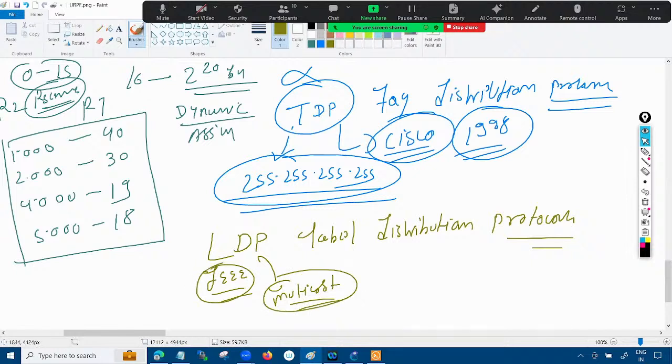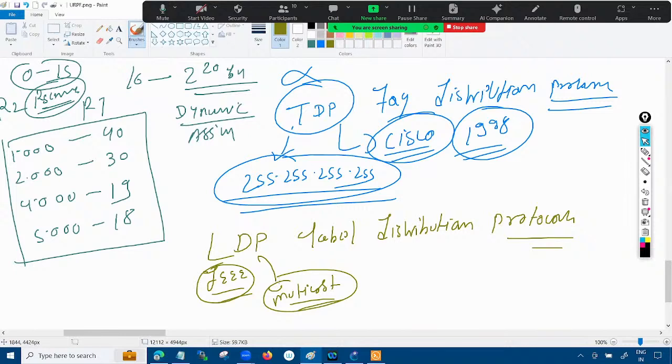So LDP inherits all the features, it leverages all the features from TDP. Again, I'm not pretty sure. It is written in some documents. So there's no need to tell somebody, I'm just telling you. I read some documents, it was mentioned somewhere. Maybe it happened, maybe not.